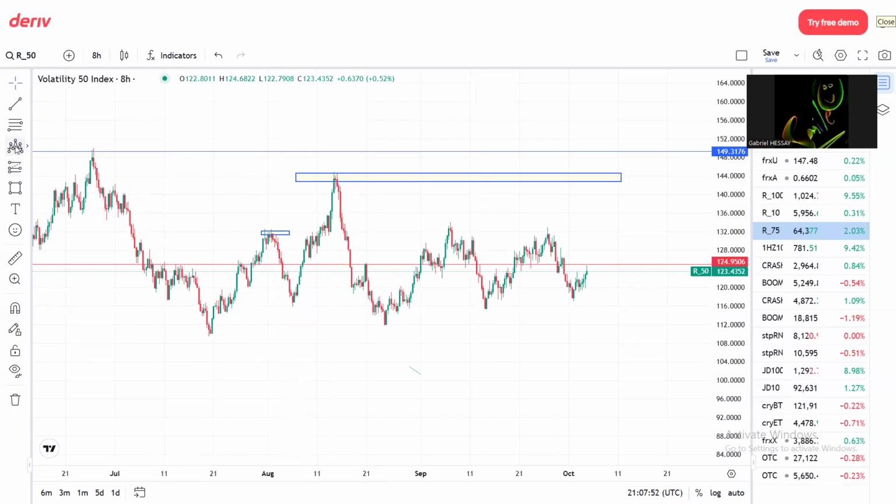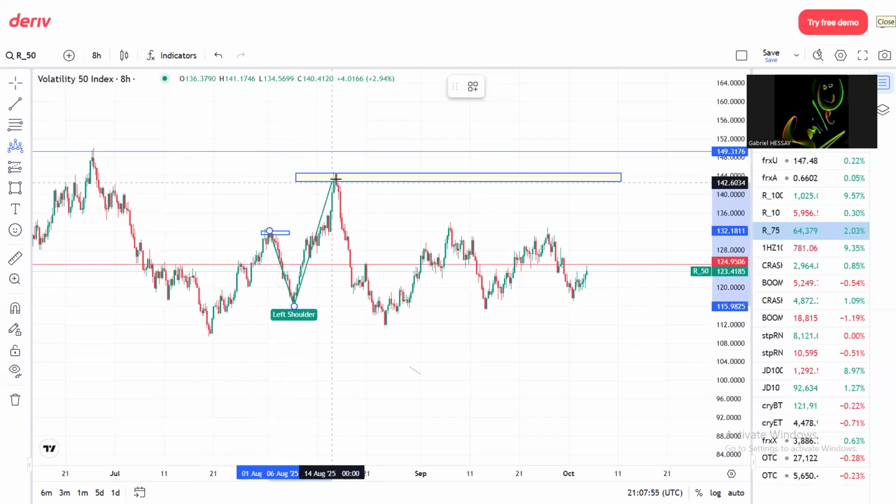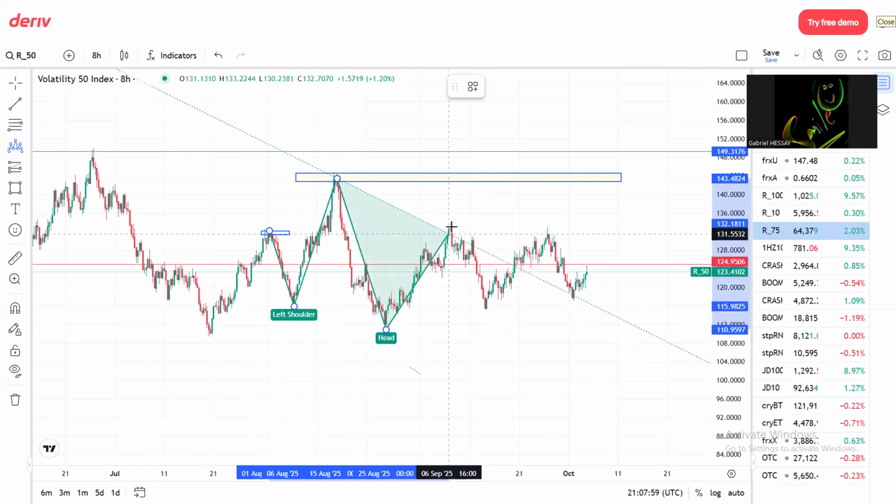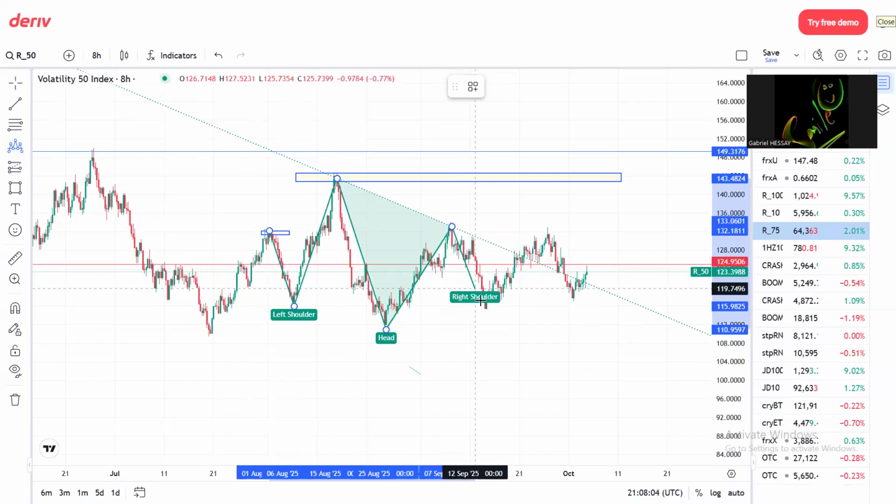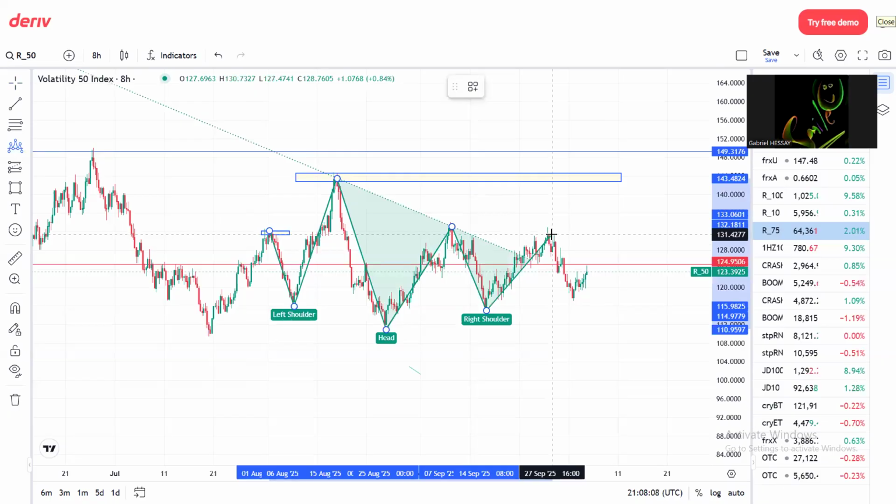No, it's either we are having this here, this becomes the head rather, and we get this, and this is an early right shoulder. That means inverse head and shoulder. Yes. So we have it like this.